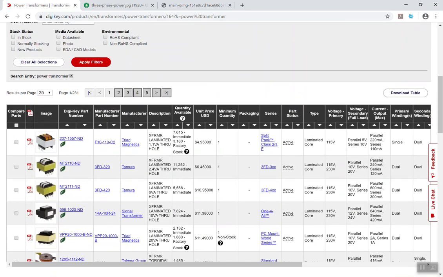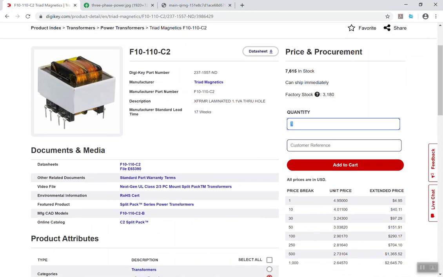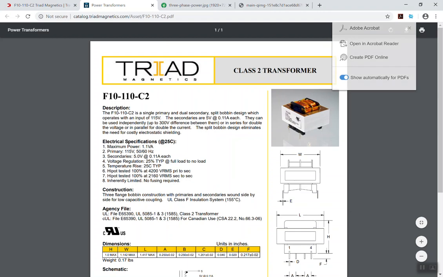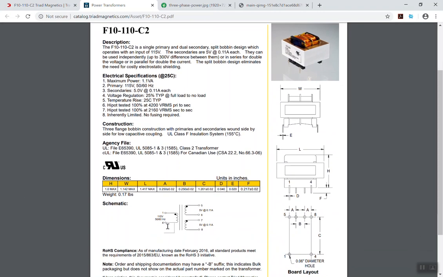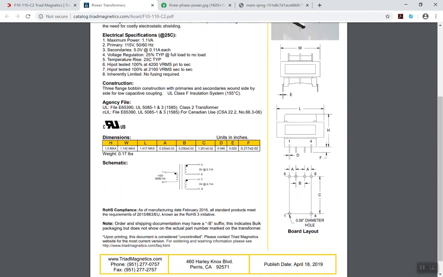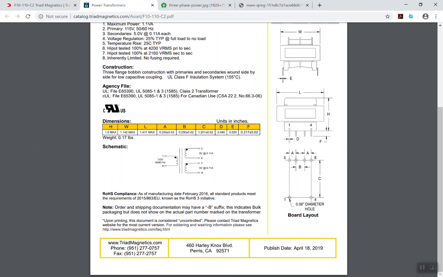And I'm just going to pick some random one here. I'm not really worried too much about it. But if I pull up the data sheet for this, it gives me what a circuit diagram looks like. And notice it's got two coils on the outside there. But it doesn't really have anything about the turn ratio here.